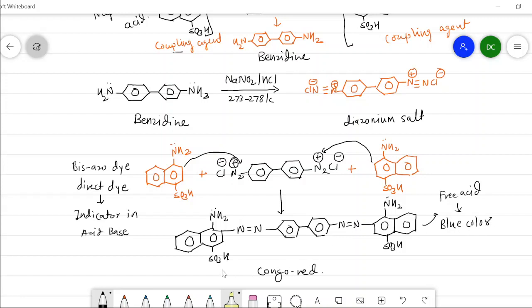But when alkali is added, this SO3H group is going to convert into SO3Na, so that we get a disodium salt, and the Congo red is going to change into the red color. So in acidic medium we get a blue color, whereas in alkali medium we get a red color. In this way we can use this Congo red dye as an indicator in acid-base titration.